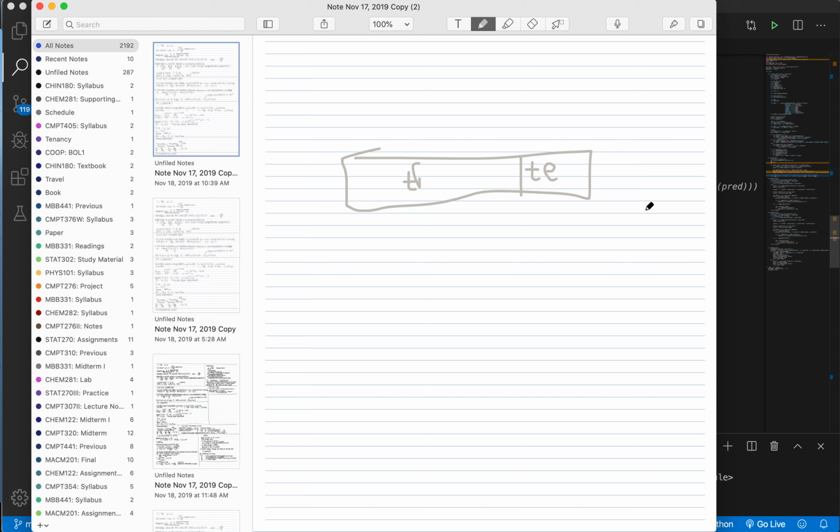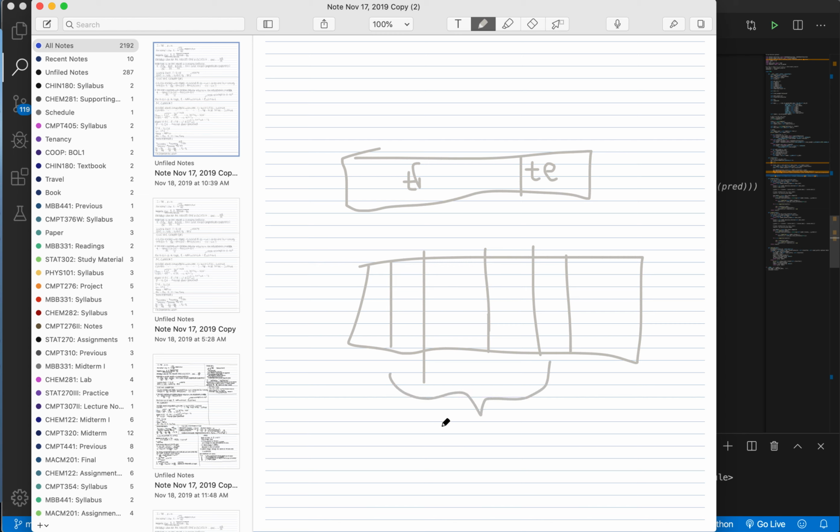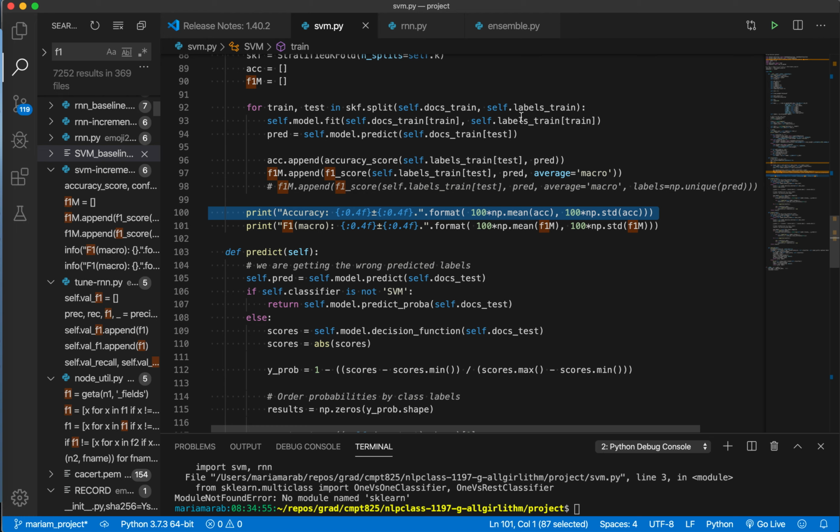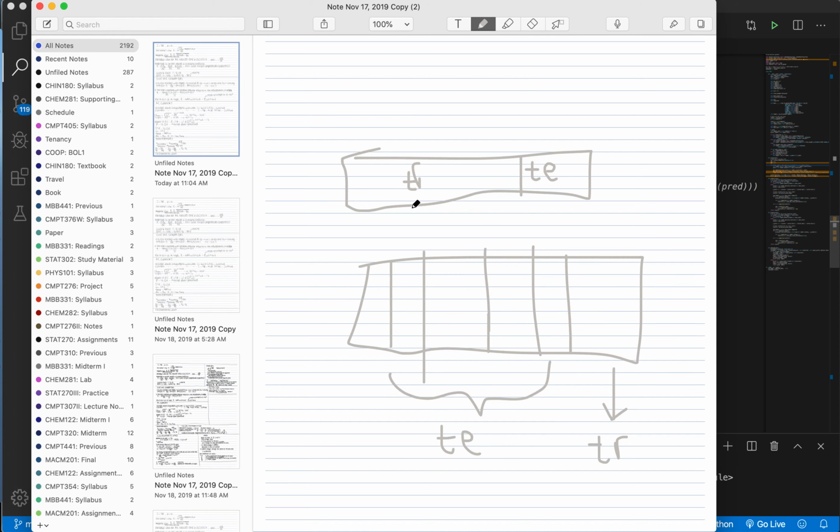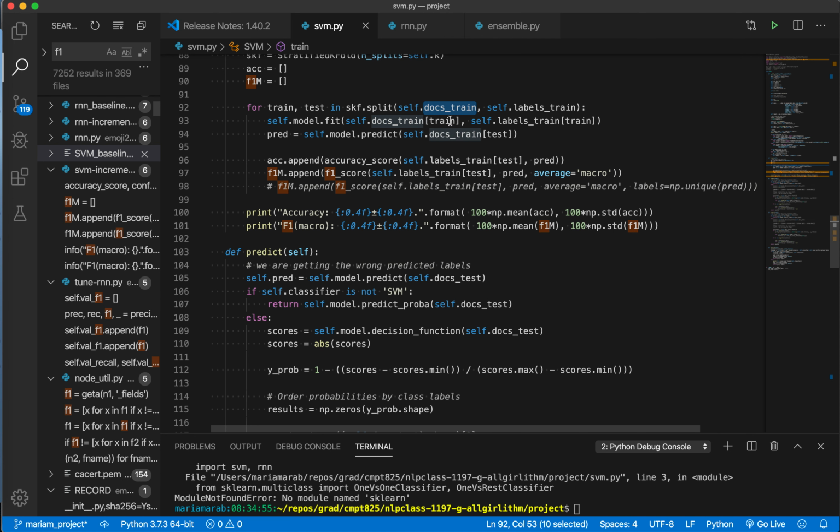And then it further separates it. So when we pick the K, it separates it into K sections, with all of these being test and this being train. What we're doing here is that, but only with docs_train, and not with all of docs.